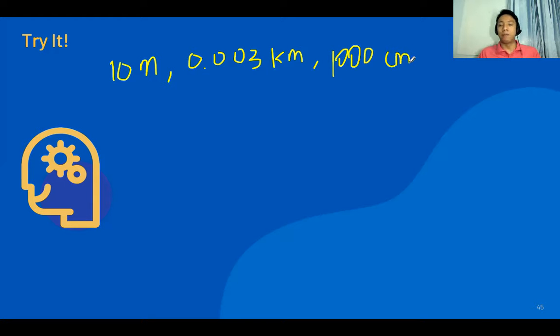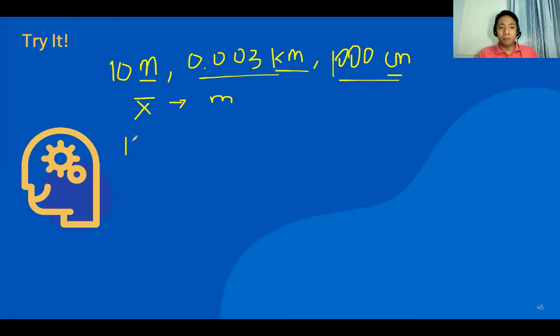So they are in different units. Right? And then the question here is to find the average in terms of meters. So we need to find the average in terms of meters, but they are in different units. So what we need to do is convert the others to make them meters.